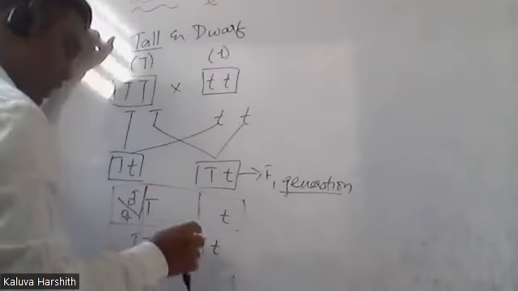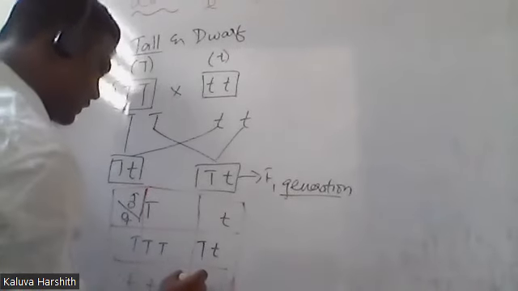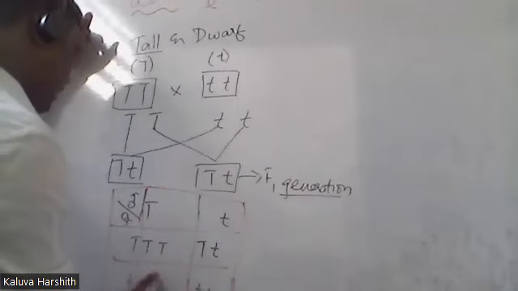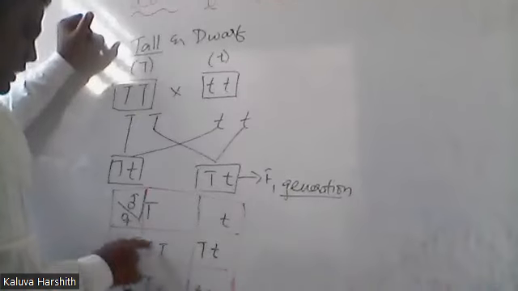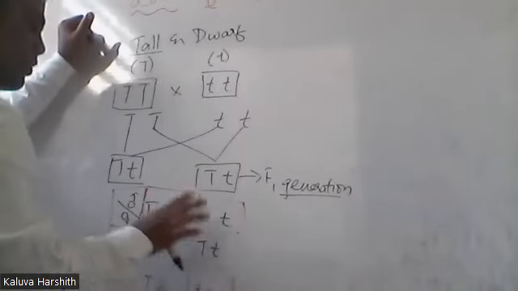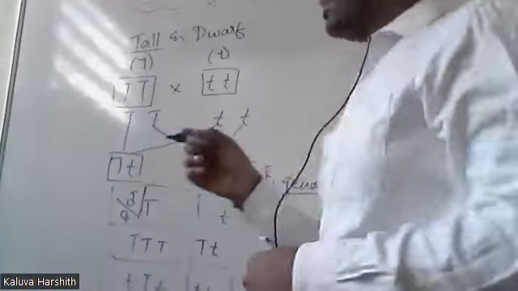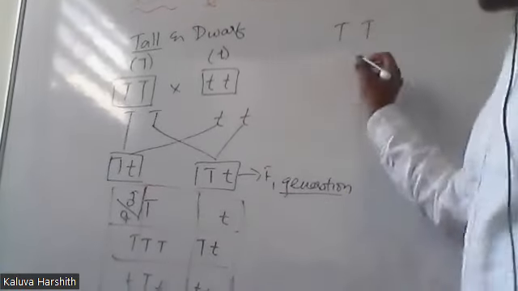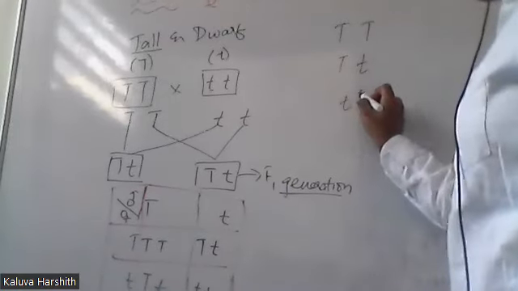Now, crossing Tt with Tt, you get capital T capital T, capital T small t, capital T small t, and small t small t. These I am writing here again: TT, Tt, Tt, tt.